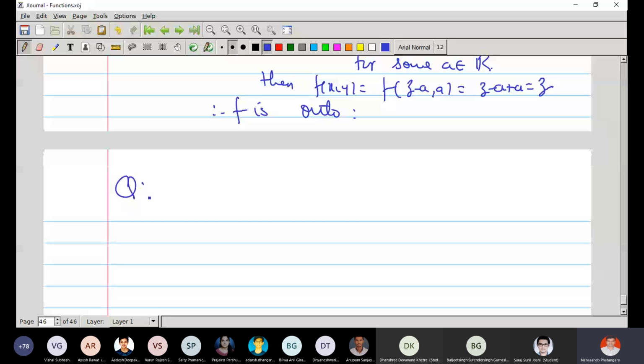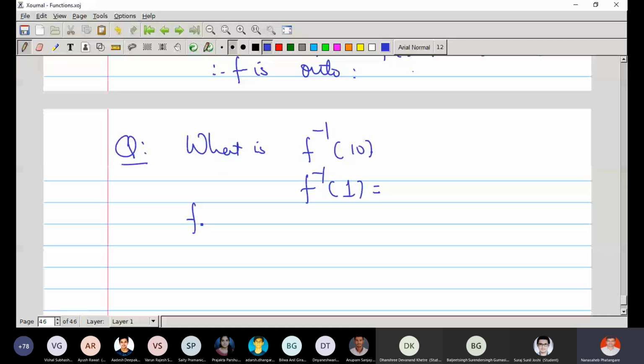Now, the question I would like to ask: what is f inverse of 10, or what is f inverse of 1? Inverse image. What is f inverse of z? It is those points xy in the domain whose image is z.